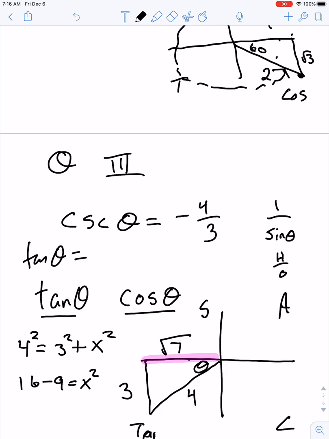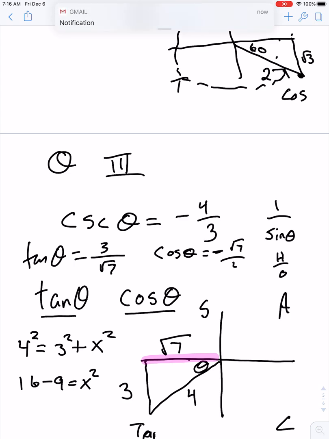So tangent of theta is equal to opposite over adjacent, so 3 over root 7. Cosine of theta, cosine in the third quadrant is negative, so I know that I'm going to have a negative answer here. Negative adjacent, square root of 7, over hypotenuse, 4.